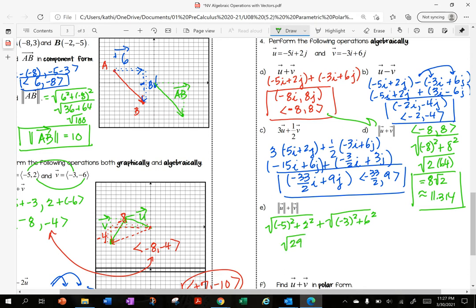That's going to be the square root of 29. Negative 3 squared is 9, plus 36 is 45. So this is going to be the square root of 45, which is 9 times 5. So 3 times the square root of 5. So this is going to be equal to the square root of 29 plus 3 times the square root of 5 exactly. And rounded, that'll be 12.093.